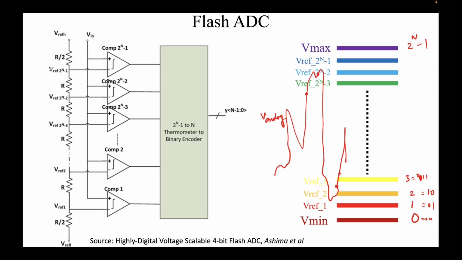In between you will find many reference voltages, 2 raised to the power n minus 1, n minus 2, and green is 2 raised to the power n minus 3, Vref1, Vref2, and so on. The higher you go in the ladder network, the higher reference voltages you will see. And once we have all these reference voltages, we'll simply use a comparator using an operational amplifier, and compare the input voltage to this comparator.